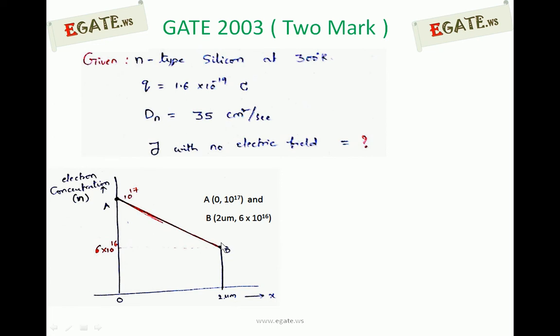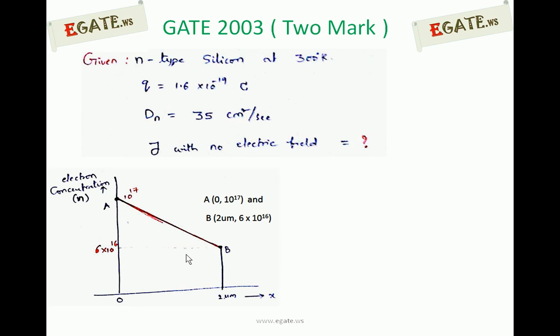If you write x comma y, the x value is 0 at point A and the y value is 10 power 17, and at point B the x value is 2 micrometers and the y value is 6 into 10 power 16. We can calculate the concentration gradient because there is a change in concentration as we move in distance.